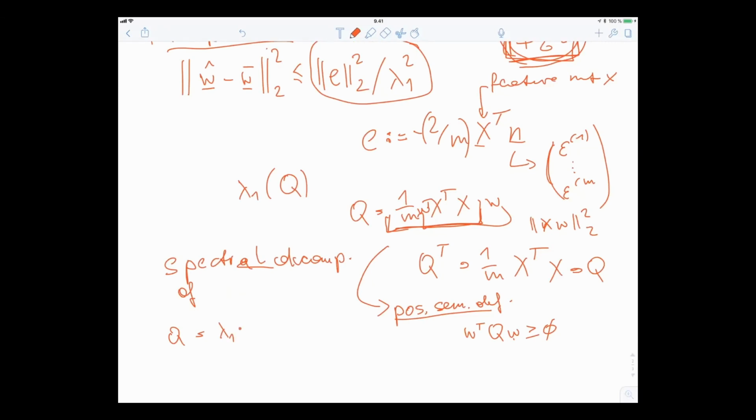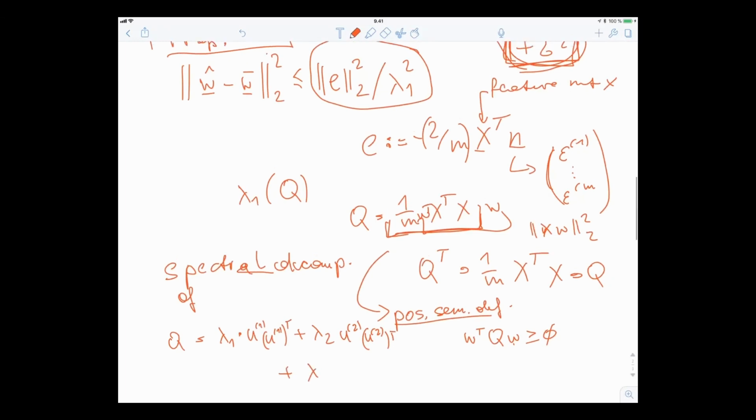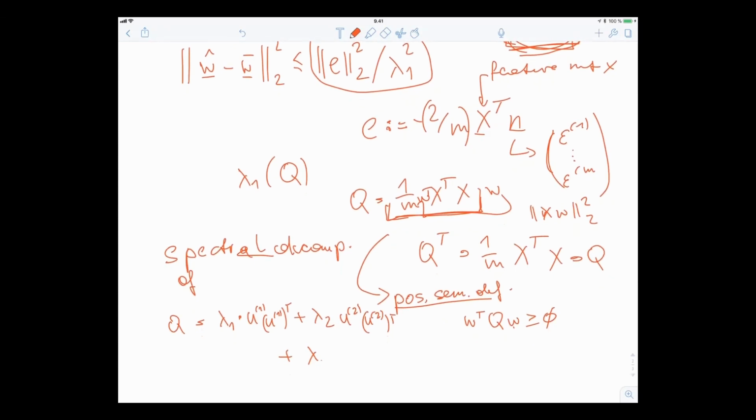So lambda 1 times U1 U1 transposed plus lambda 2 U2 U2 transposed, plus, until, so the dimension of W is size N, lambda N UN UN transposed.